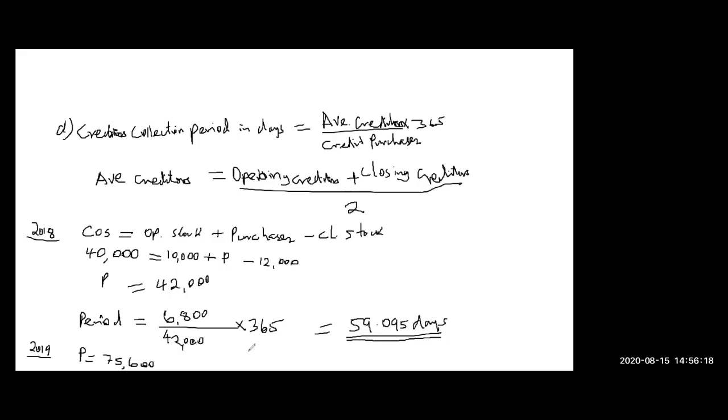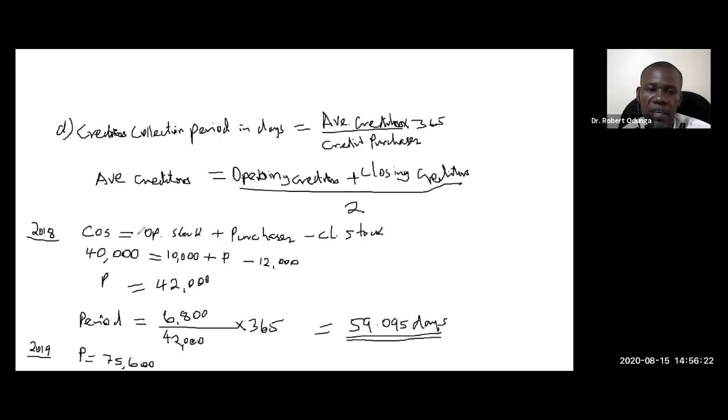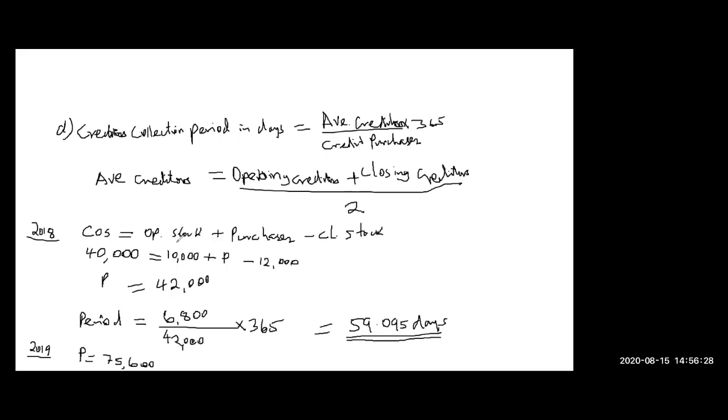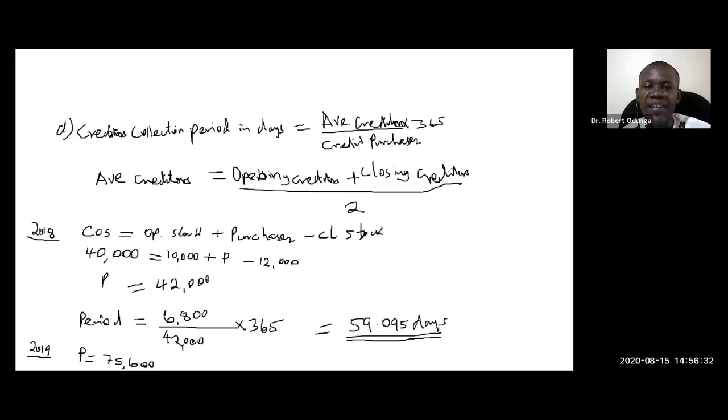No. You just use the same approach here. Get our cost of sales for 2019, and then our opening stock for 2019 would be the closing stock for 2018, and then our closing stock for 2019 would be what you get from the balance sheet.